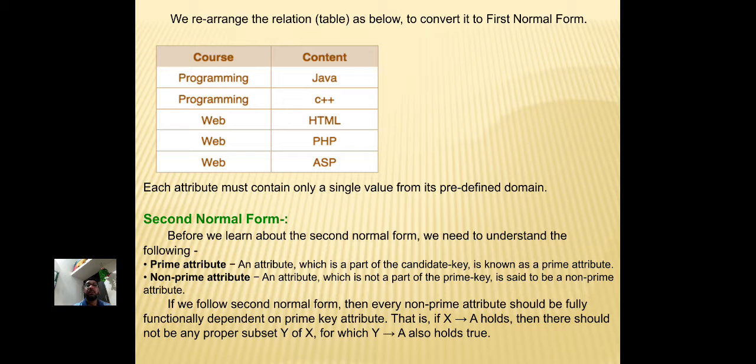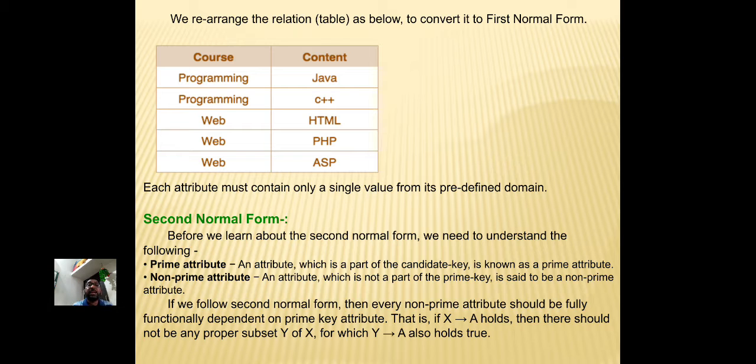Second normal form. Before we learn about the second normal form, we need to understand the following: prime attribute and non-prime attribute. An attribute which is a part of a candidate key is known as a prime attribute. An attribute which is not a part of the prime key is said to be a non-prime attribute.